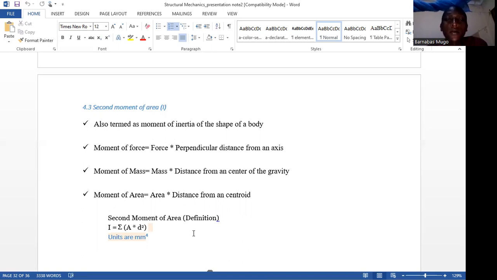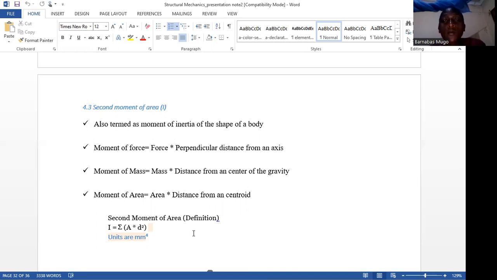We know that when you have the moment of a force, it is force times the perpendicular distance from an axis. When you have the moment of mass, it is mass times the distance from the center of gravity. Therefore, when we have the moment of area, it is area times the distance from the centroid. The second moment of area is the area multiplied by the distance squared, and the units are millimeter to the power 4.